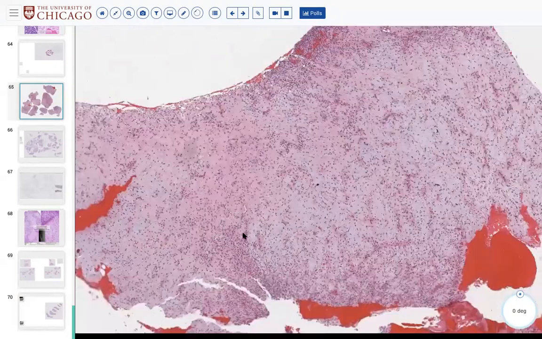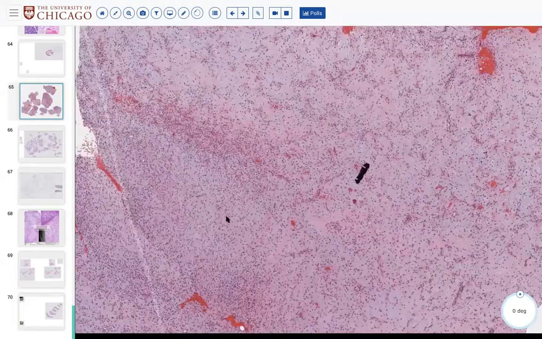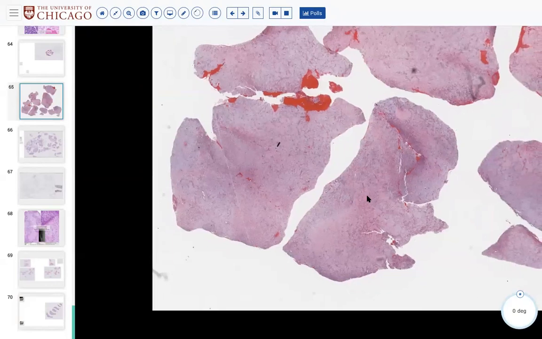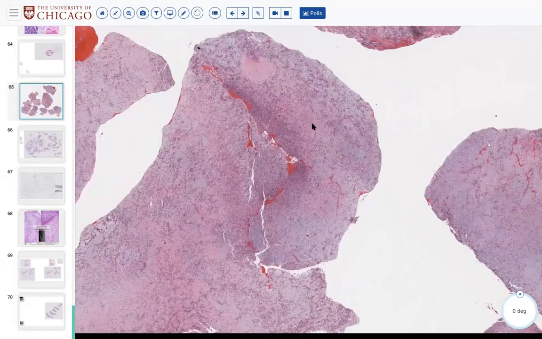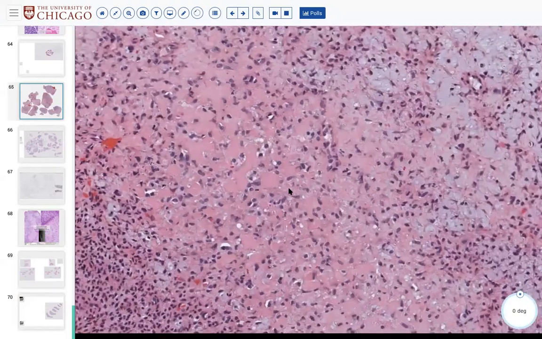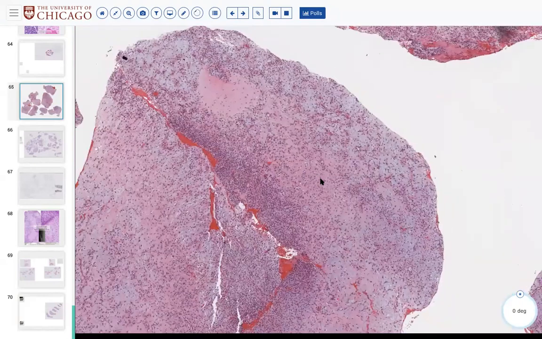Does anybody want to offer a differential diagnosis? Do we have any osteoid, like the tumor cells form osteoid, or is it just like this? Maybe here?